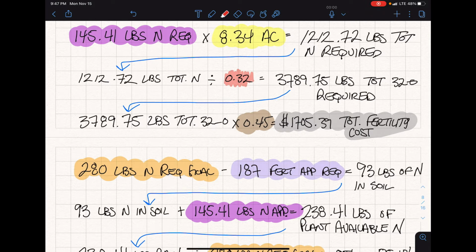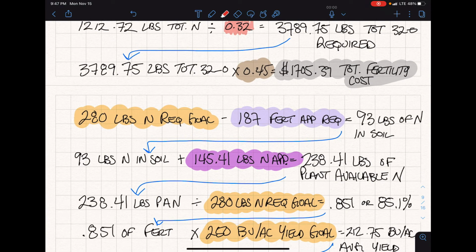Now, this is where we're going to differ a little bit on this calculation. Because this is our low carryover zone, we actually have less nitrogen already available in the soil. Thus, with our lower application rate, we are actually not going to fulfill our required nitrogen level. So we have to calculate that and find a percentage of our goal that we met and use that to calculate how much percentage of our yield goal are we going to meet.